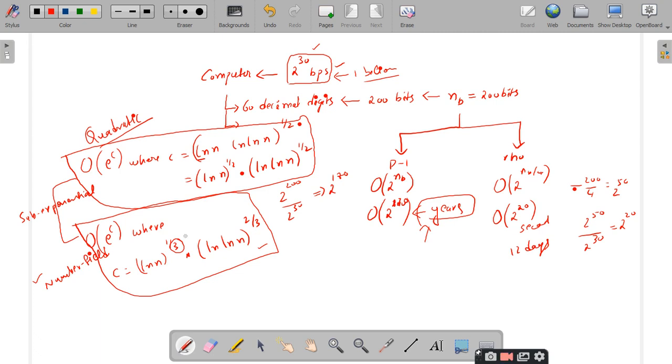This is a big advantage for making use of these factorization techniques in asymmetric key cryptography. We are going to use this technique only in asymmetric key cryptography. I will tell you why. Right. So this is what we have discussed in today's session.